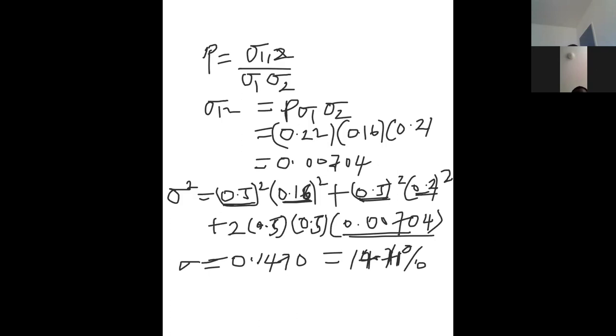In her formula, she's using XJ squared times volatility of J, XW squared, the same thing with you, 2 times XJ times XW times volatility of W and J times correlation between J and W. Yeah, and that is what I did, solved separately. The difference is where you solved separately for covariance, where you got 0.00704, she used 0.02 directly.